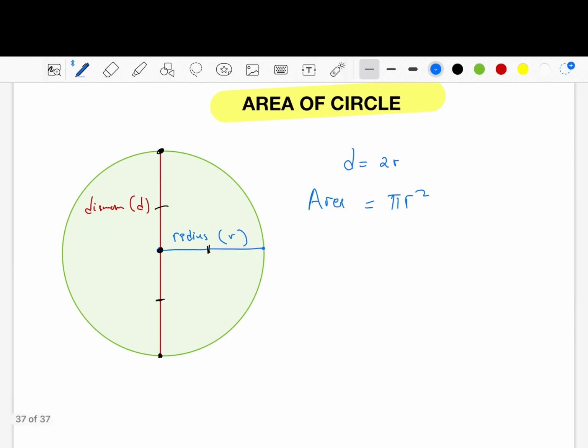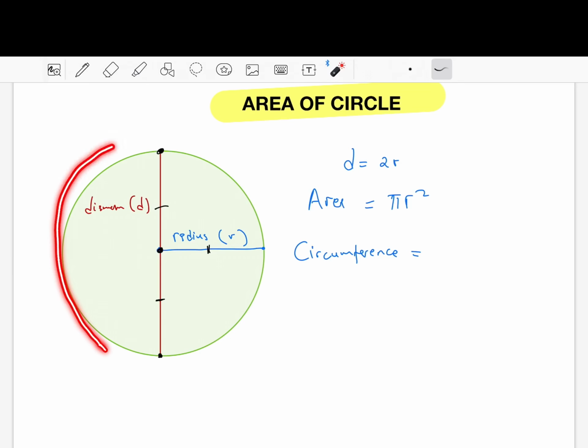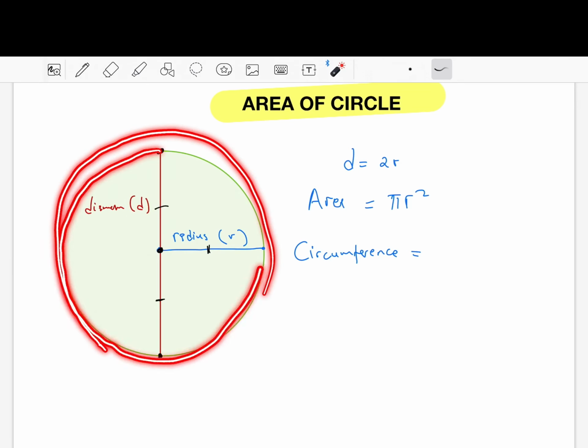And then the circumference of a circle, let me write this big word. Circumference essentially is the distance around the circle, the distance of the perimeter.